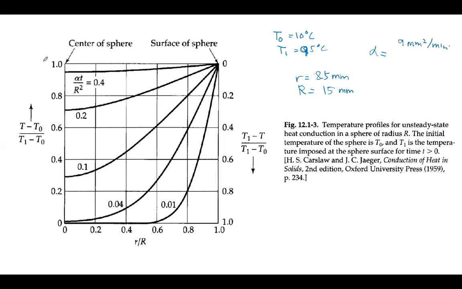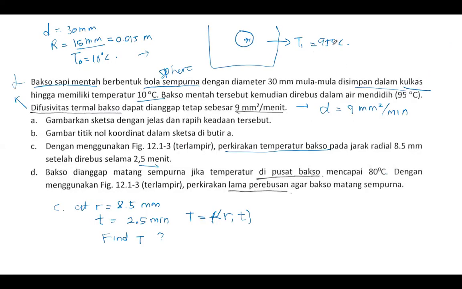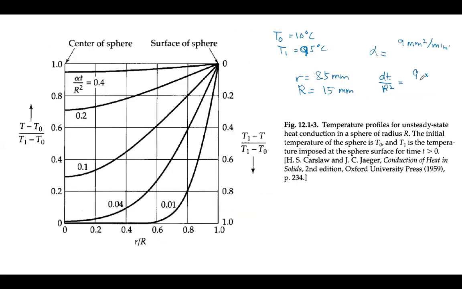So first what we can do is calculate alpha t over R square, which is 9 multiplied with the time, 2.5, divided by R square, which is 15 square.